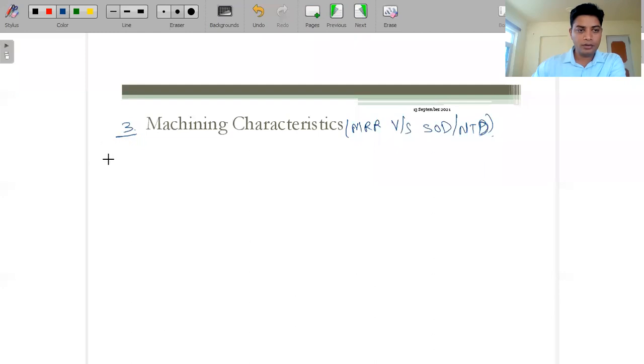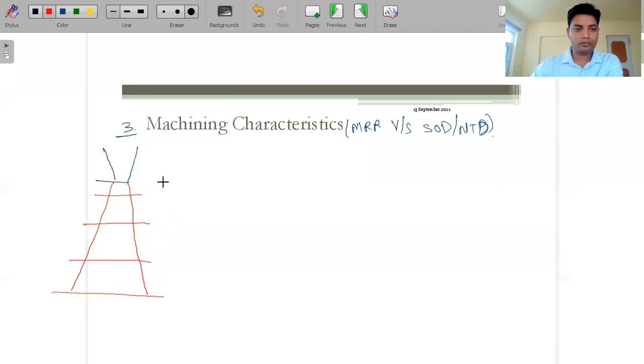So for that, this is a nozzle. So this is like first, second, third, and the fourth one.